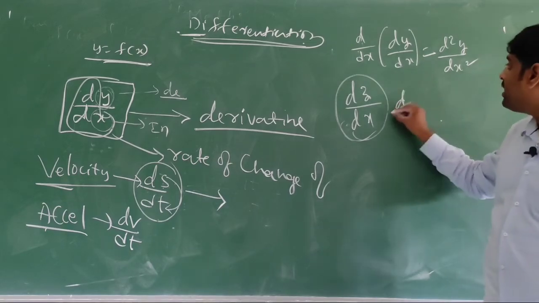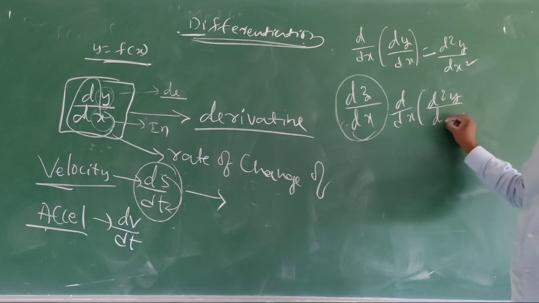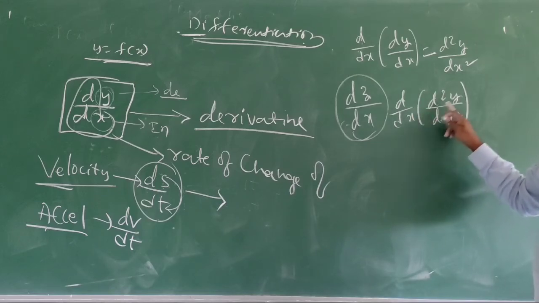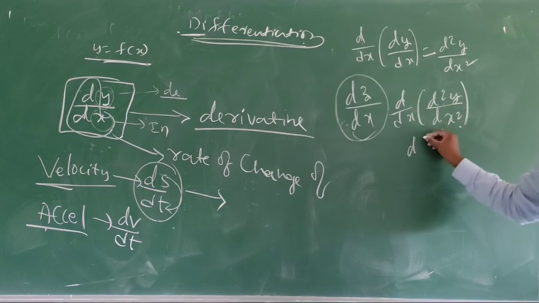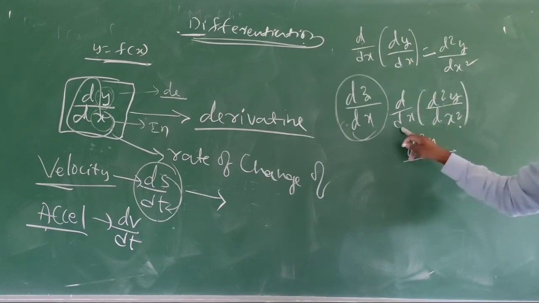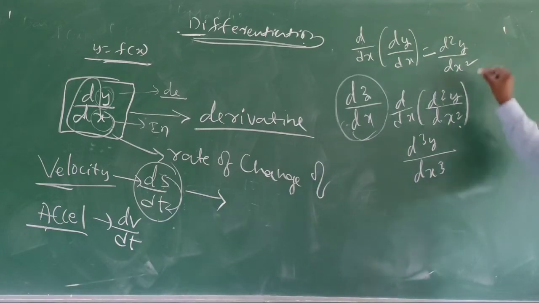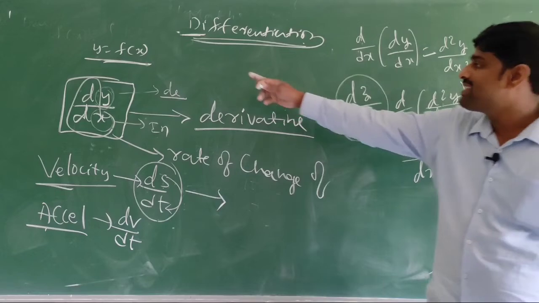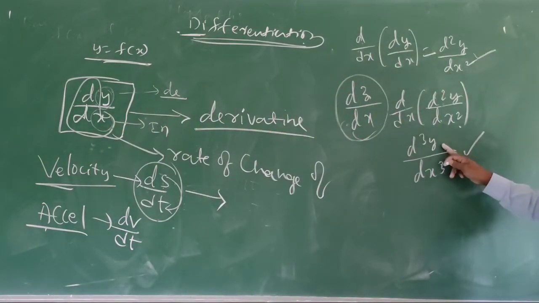And again d by dx of d square y by dx square, that is d into d square, d cube y divided by dx into dx square, that is dx cube. See children, here y is f of x, then dy by dx, d square y by dx square, d cube y by dx cube.